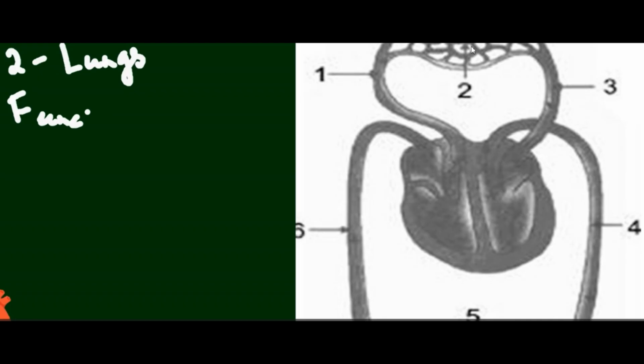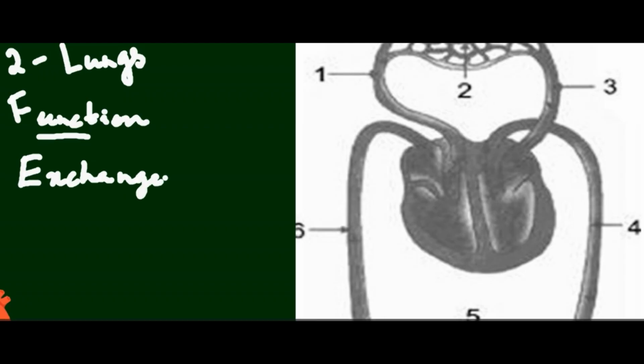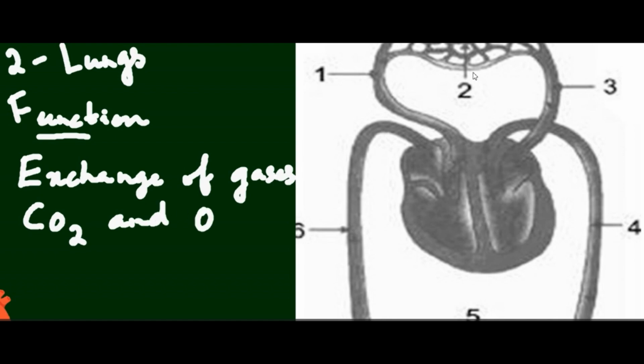For part 2, which shows the lungs, it helps in exchange of gases. From the atmosphere, oxygen gets inside the blood vessels, and whatever carbon dioxide is on the blood vessels will go back to the lungs alveoli.